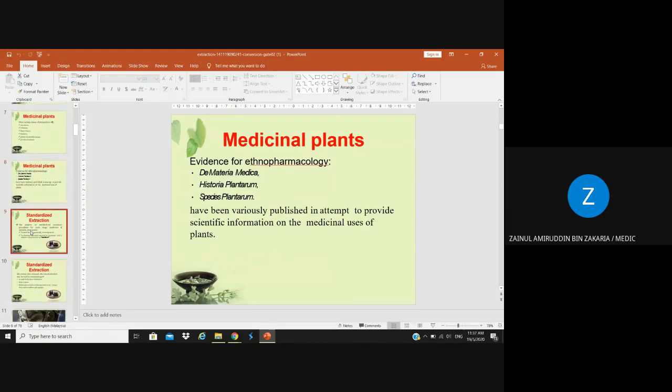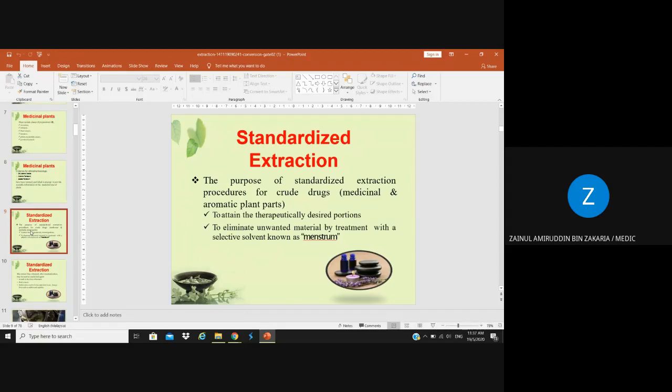So when you do extraction, you have to standardize the extraction procedures. Meaning, why you need to standardize is so that when you do the extraction today, after 1 week, after 1 year, after 10 years, you will get the same amount of compound.